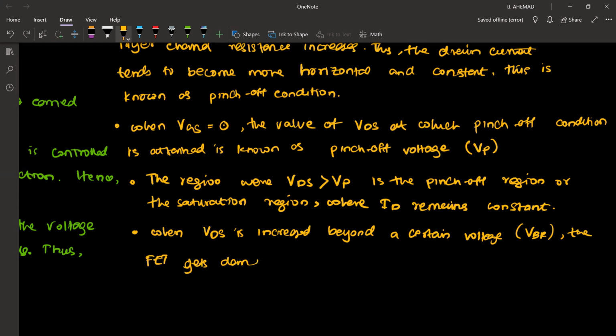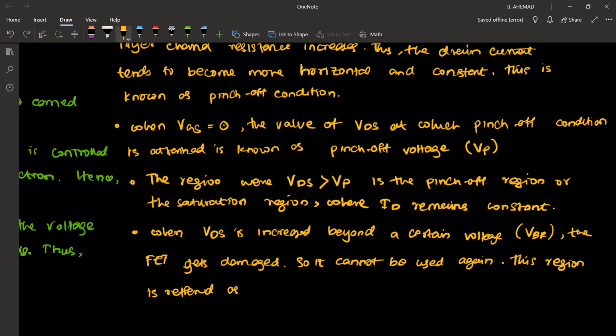So it cannot be used again. This region is referred to as the breakdown region.